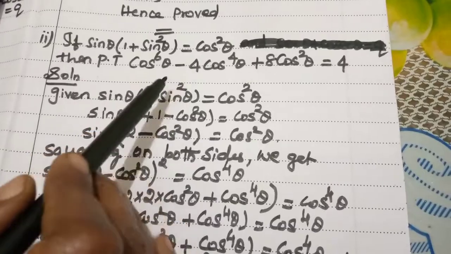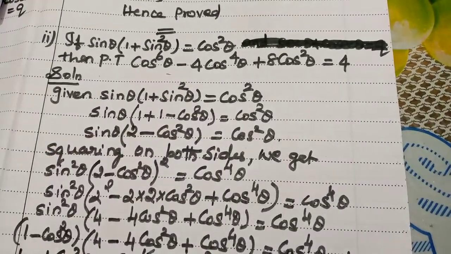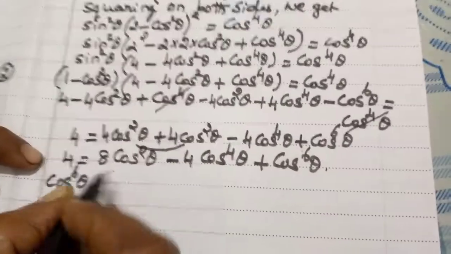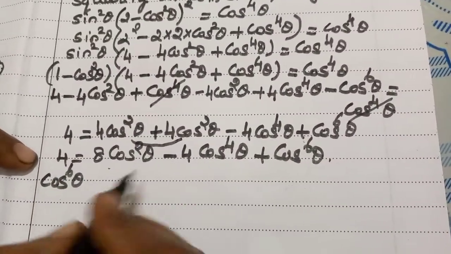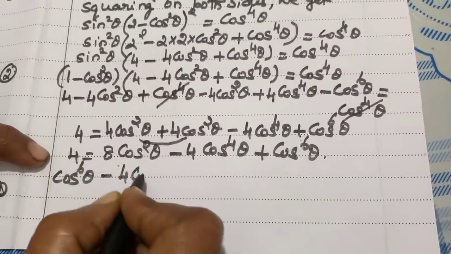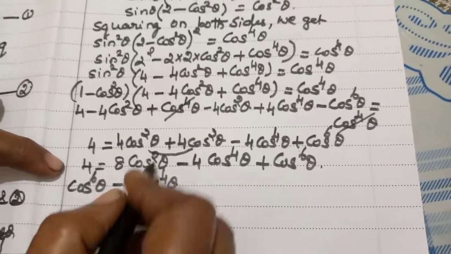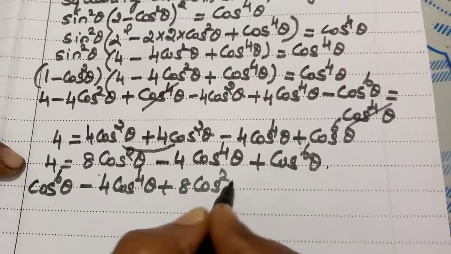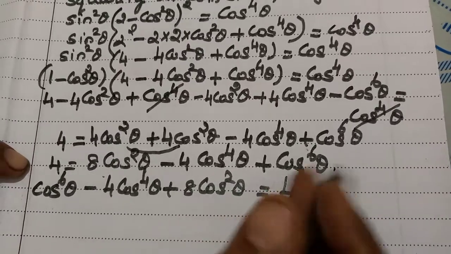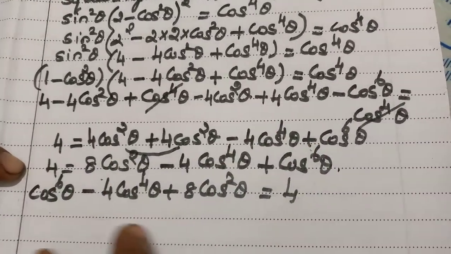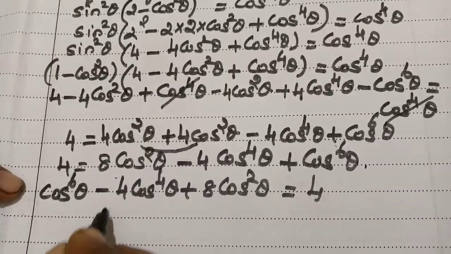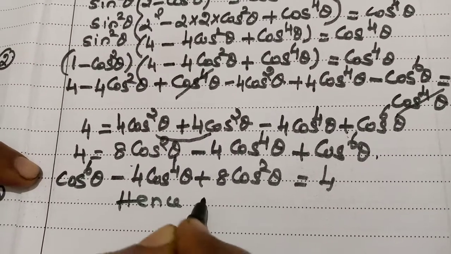Shall we write first cos power 6 theta, next term cos power 4, so minus 4 cos power 4 theta, next this term plus 8 cos square theta is equal to 4. Here both the sides we interchanged, so here sign no need to change. Understood students? Hence proved. Okay, hence proved.